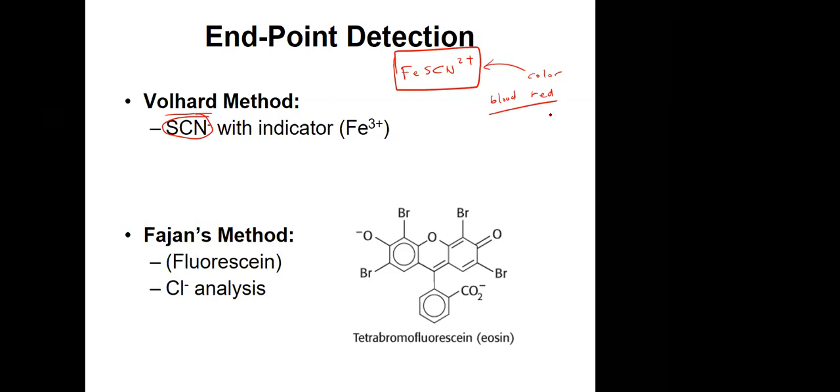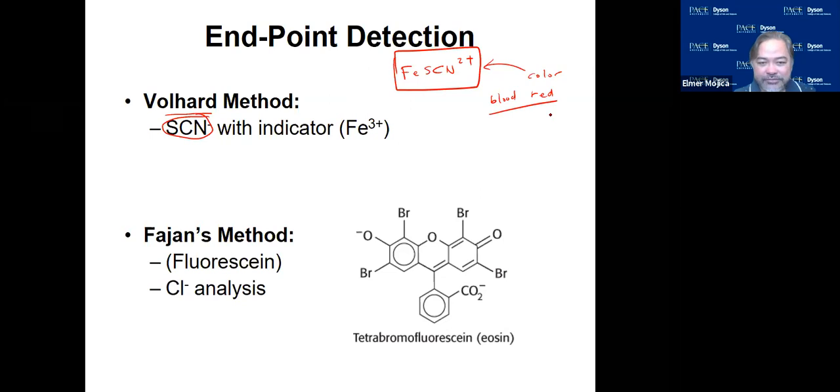When you do the Bonehart method, you use thiocyanate as the indicator, with the FeSCN. If FeSCN is present, your solution will be blood red. Once the solution is complete, the SCN minus will react with the silver ion.